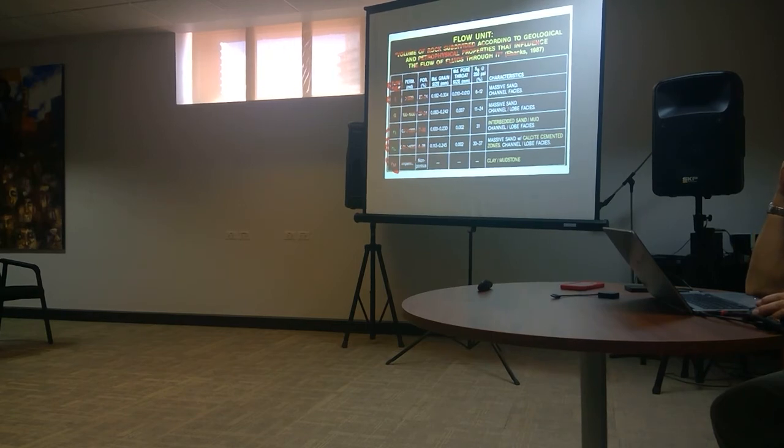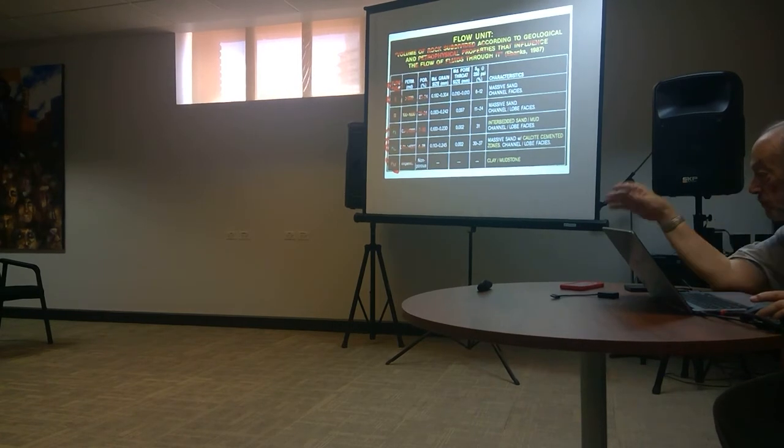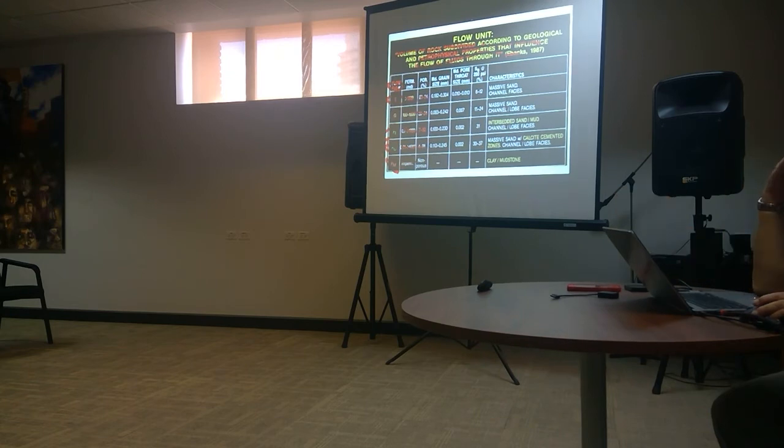I did capillary pressure measurements, and so I measured pore throat sizes, and brine saturation at 200 psi was another measure.